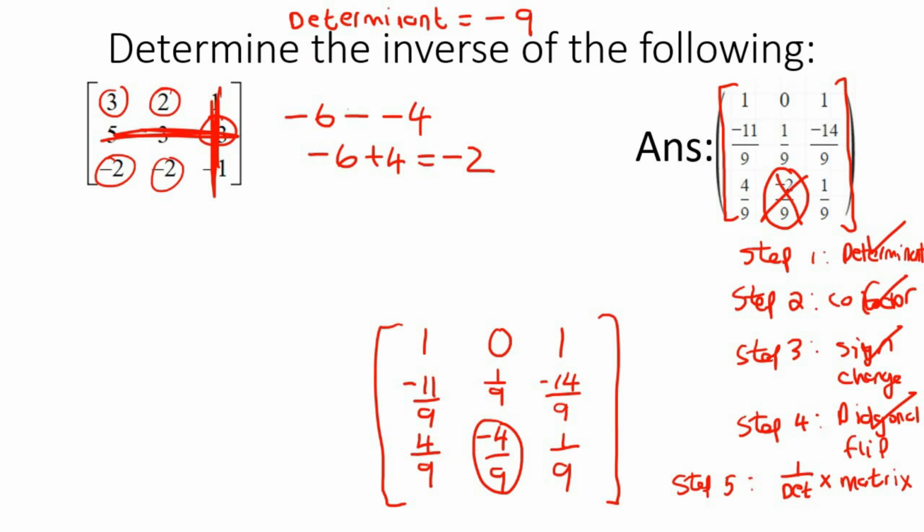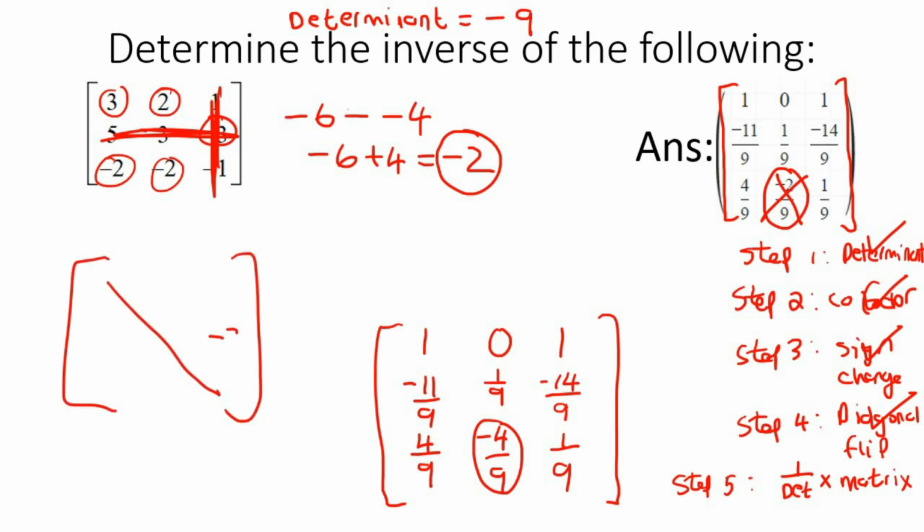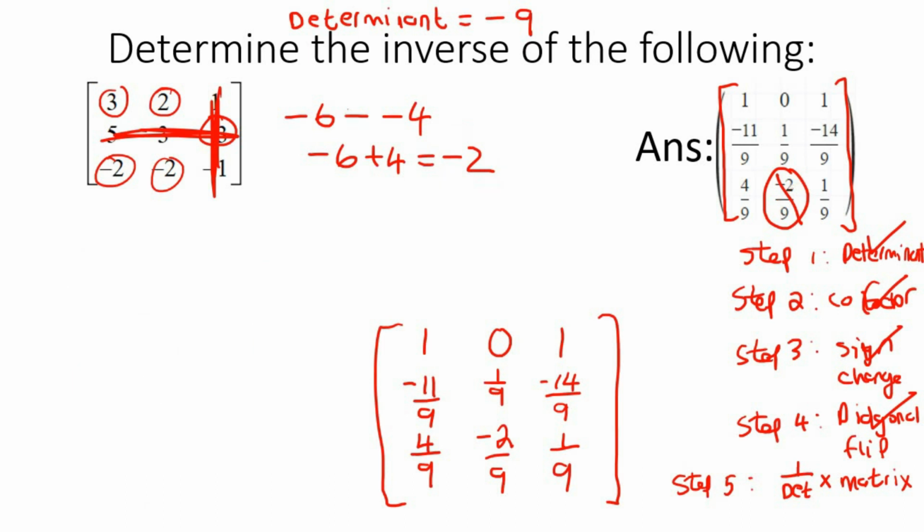Okay, yes, so that's going to be -2, which is technically in the matrix, it's written over here as -2, but then we would have done a flip, so this number here would have become a -2, so that means that this is going to become a -2/9 and not a -4/9. So I do apologize about that. I must have made a mistake along the way, but there we go. We now have the correct answer.